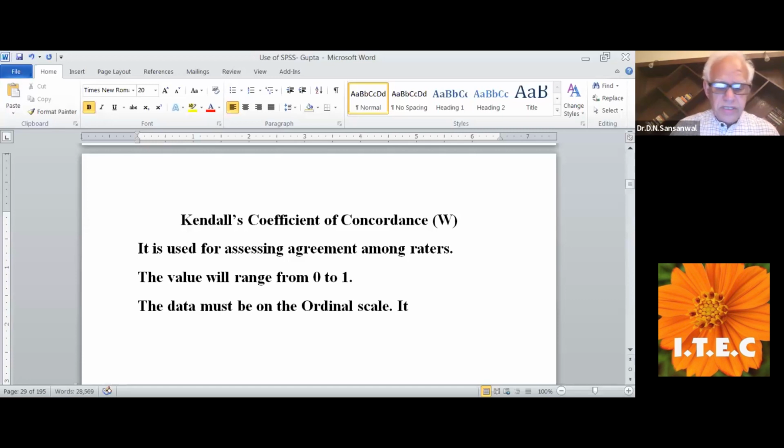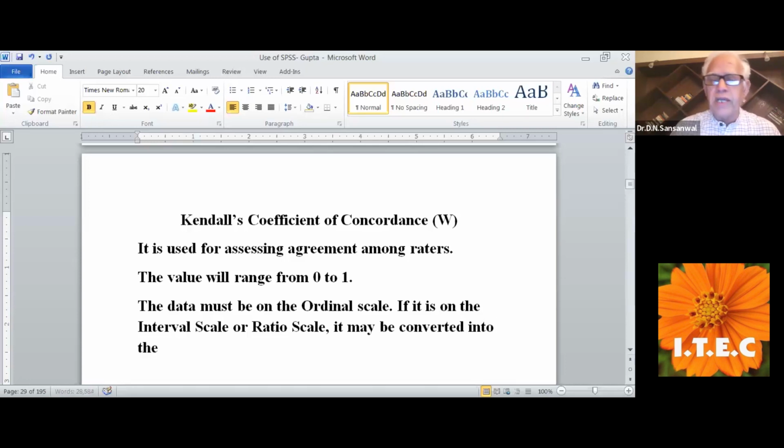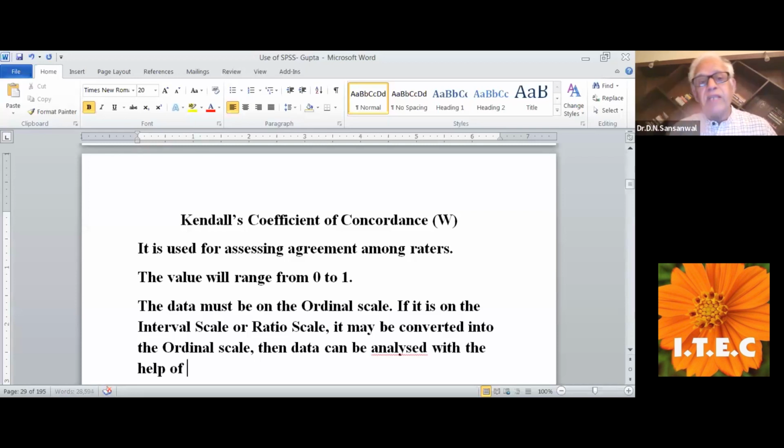If it is on the interval scale or ratio scale, then it may be converted into the ordinal scale, and then the data can be analyzed with the help of Kendall's coefficient of concordance.